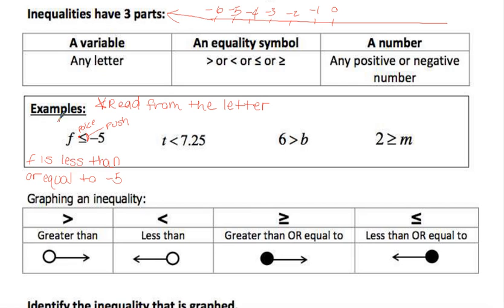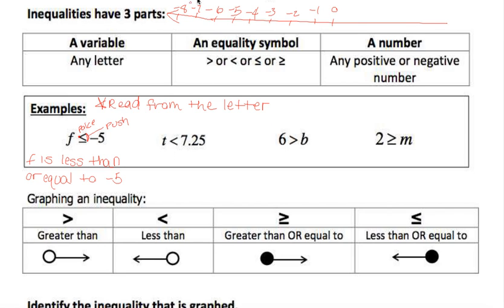It says it can be less, so it can be any of these numbers here, -6, -7, -8, any of those numbers, and it can be equal to -5 too, so it could also be -5. It can be any of those numbers there, and that's what's different about an inequality versus an equation. An equation just has one answer, whereas an inequality can have a bunch of answers.